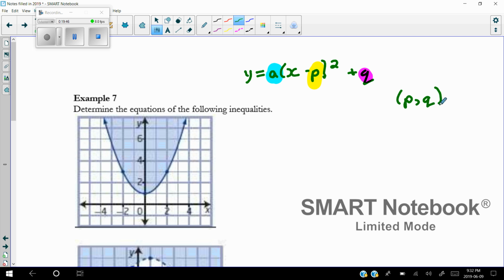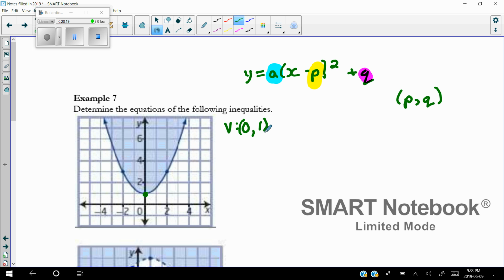So if I look at example 7, it says determine the equations of the following inequalities. We know that my vertex is the point (0, 1).